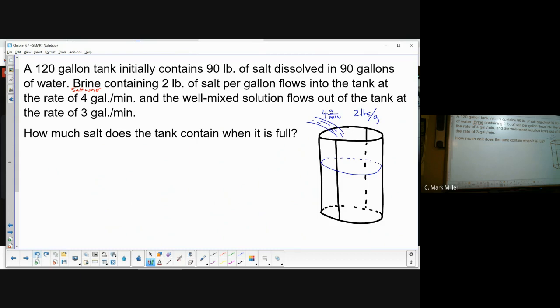Water is flowing out of the tank, down here, at 3 gallons per minute. And so it's mixed. How much salt does the tank contain when it is full? When it is full.